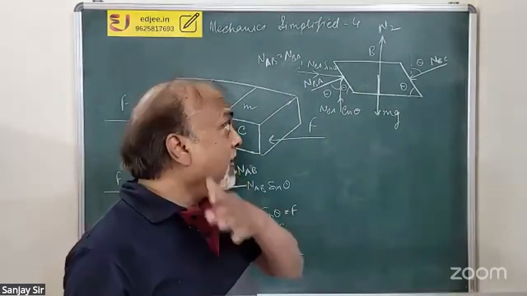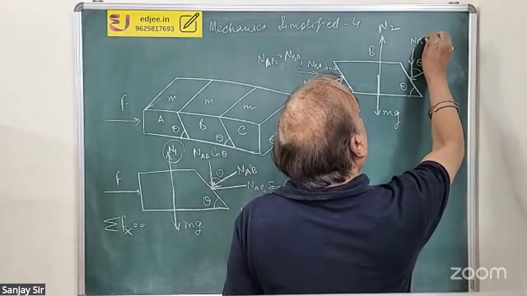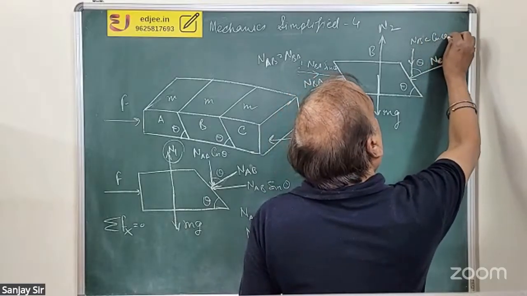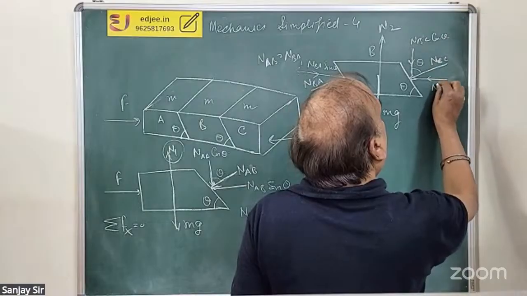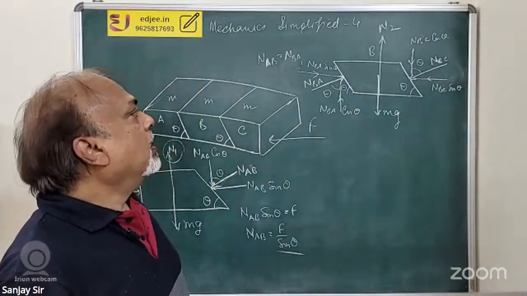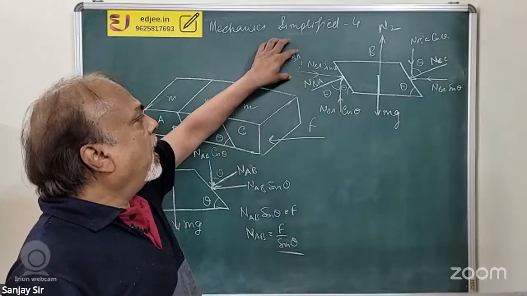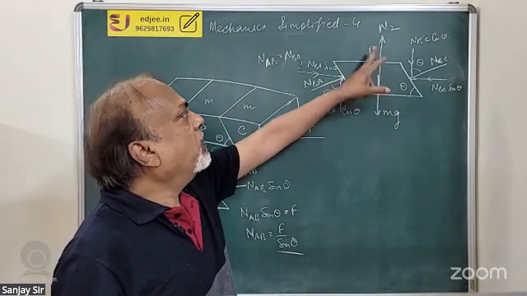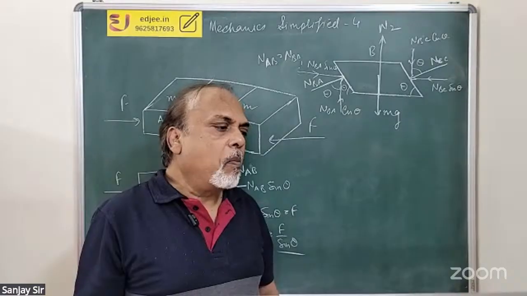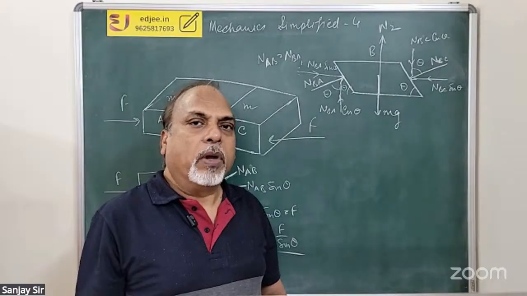Correct? And here NBC cos theta, and here NBC sine theta. NBA, you know. Here, basically, you know this force, and this force you know. You have to find out N2 and NBC. Correct?